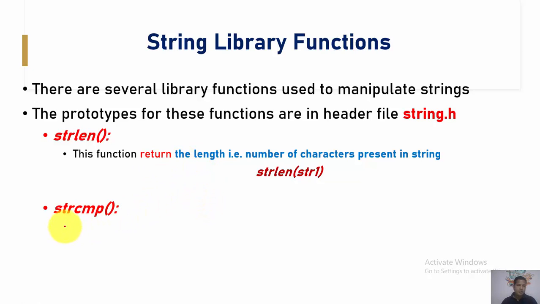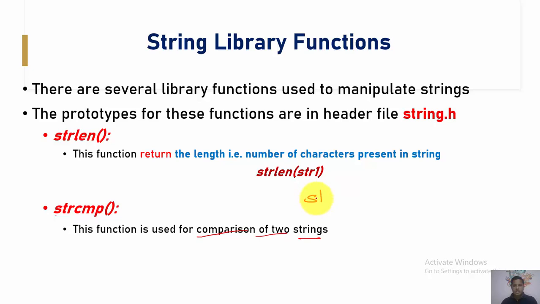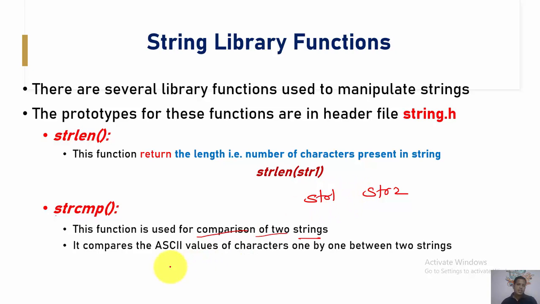Now the next function is the string compare function, right? The string compare function, as its name suggests, is written as strcmp, and this function is used for the comparison of two strings. Suppose my first string is str1, second string is str2, it is going to do the comparison between these two strings. And how is the comparison done?